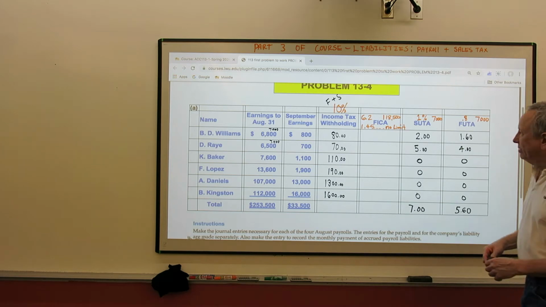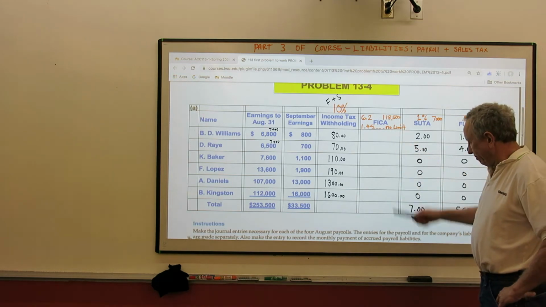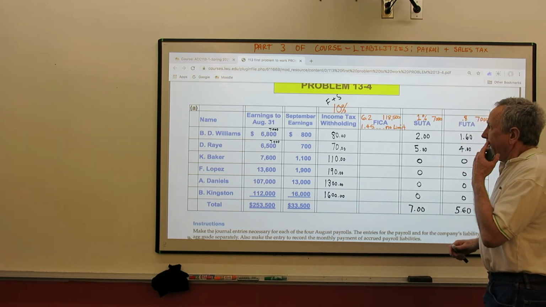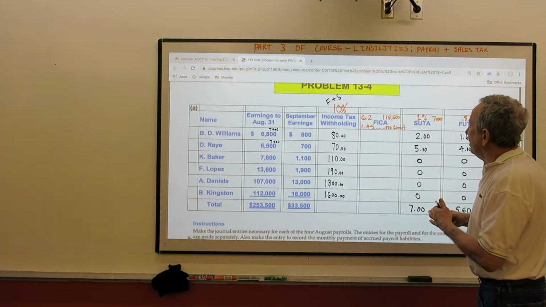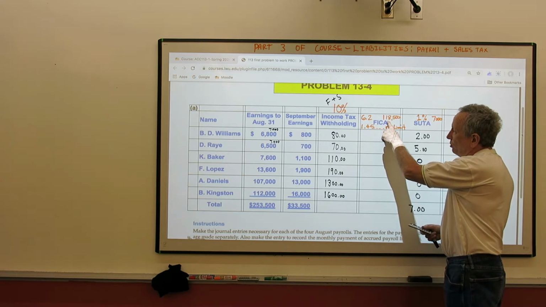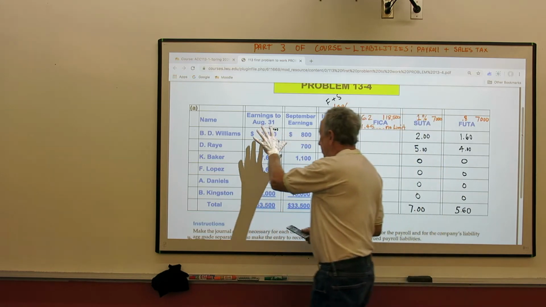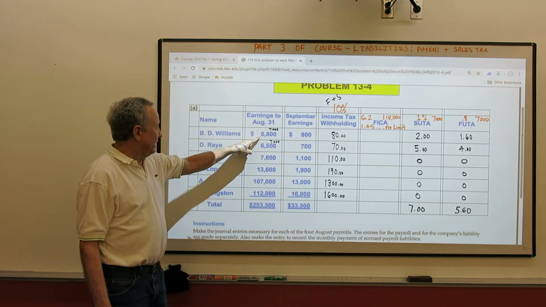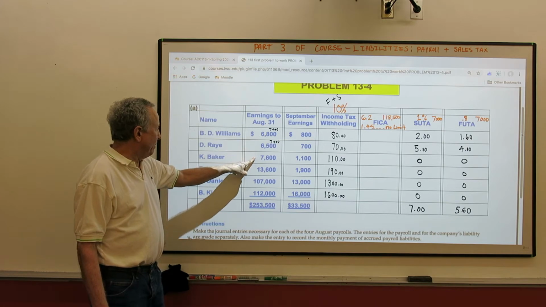All right. Now this one's going to be harder. I guess I will have to have a calculator to do this. Now let's kind of think. We know that this one has a very high limit, a very high threshold or high maximum, 118. Let's go back and look at what these people have made. B.D. Williams is way below 118. So's D. Ray. So's K. Baker.